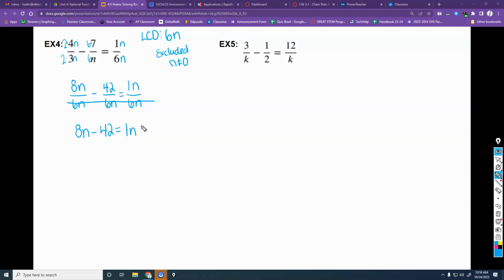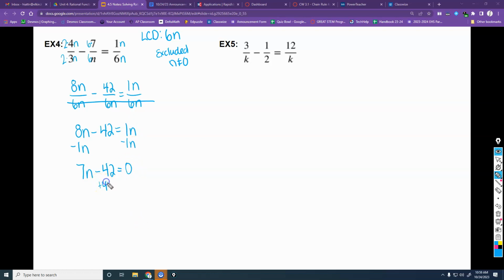What should I do? I could move everything to one side. This one is not a quadratic, so I don't necessarily have to. I'm hearing people tell me to take away this 1N, which gives me a 7N minus 42 equals what? 0. All right, because nothing's left there.